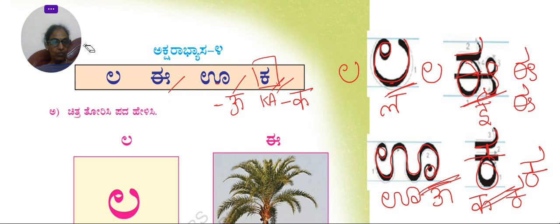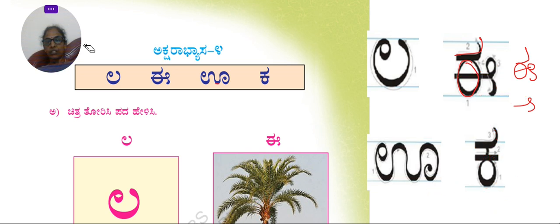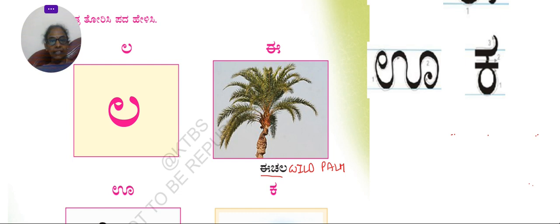Now we have to look at the words which are using these alphabets as well as the alphabets from the previous classes. So let's start. This is la. Then e. E, cha, la. Cha is the alphabet we saw in lesson 3. Echala means wild palm.